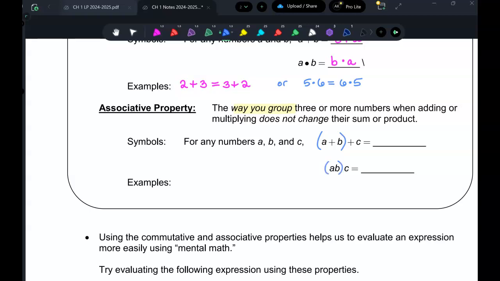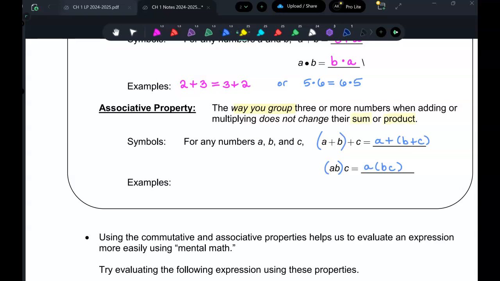What I'm saying is you can group the numbers differently. For example, here, I can move the parentheses around. And I can do the same thing with multiplication. Look at the order: A plus B plus C, A plus B plus C. All I moved were the parentheses. A times B times C, A times B times C, the parentheses moved. Again, this only works for addition and multiplication.